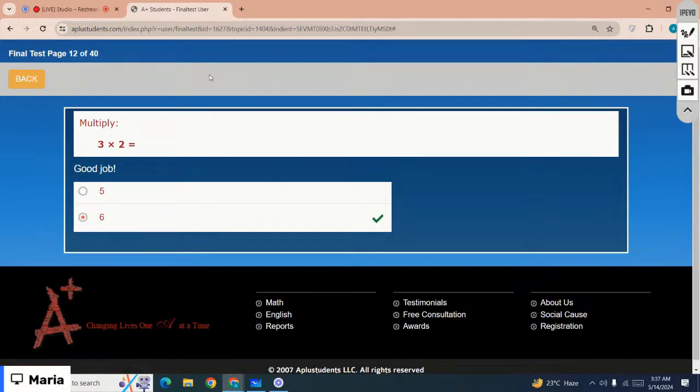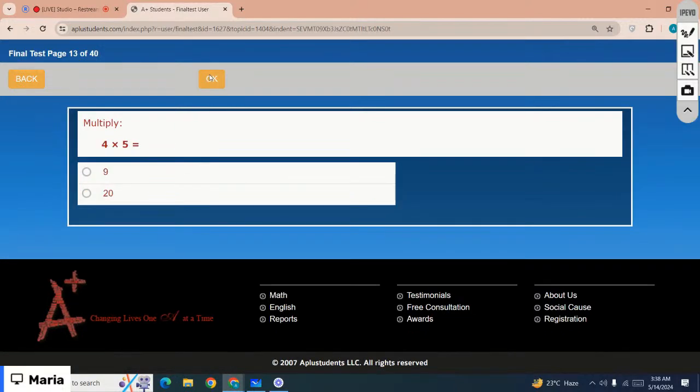The correct option is 6. 4 times 5 is, yes, 20 it is. The correct option is 20.